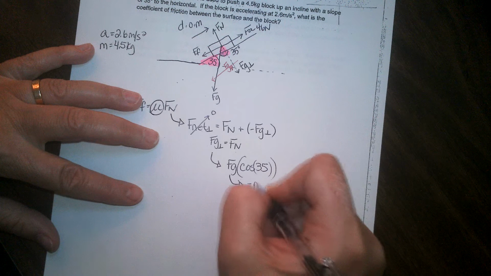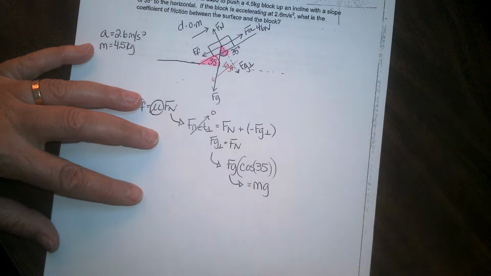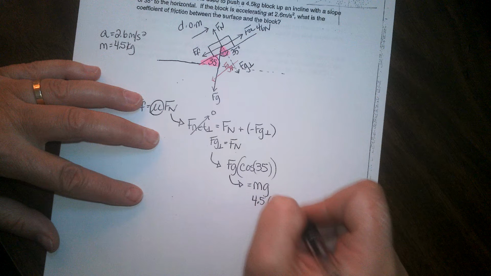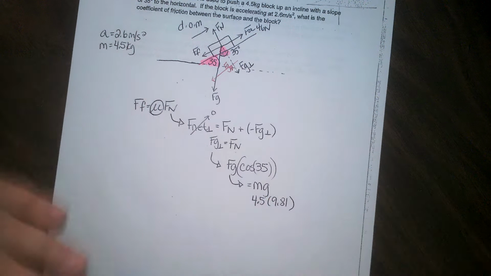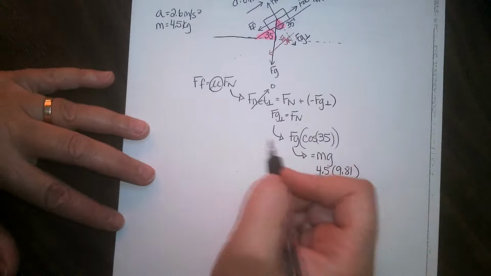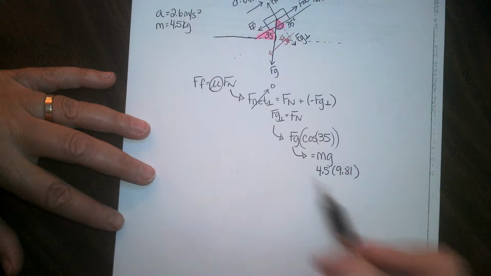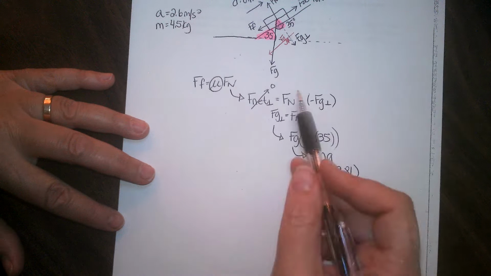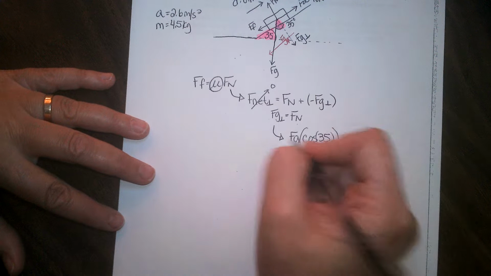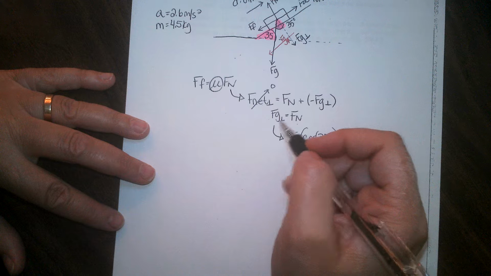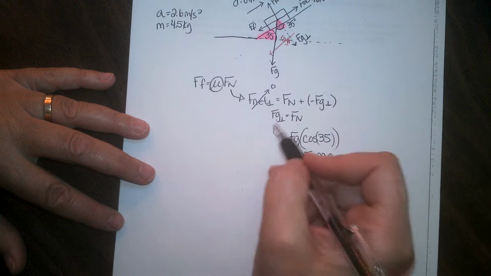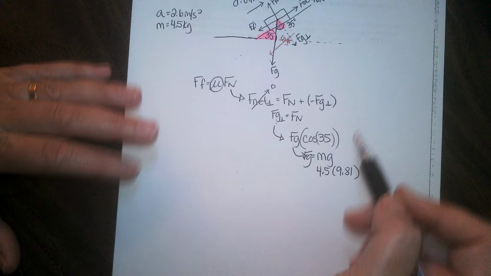Force of gravity is equal to mass times acceleration due to gravity. So we're going to go 4.5 times 9.81. I'm going to stop there for right now, and I'm going to look at the other side of the equation over here, because we're going to be able to now get back up. Right here, we're going to solve for force gravity. Once we solve for force gravity, then we can solve for perpendicular, then we can solve for force normal.